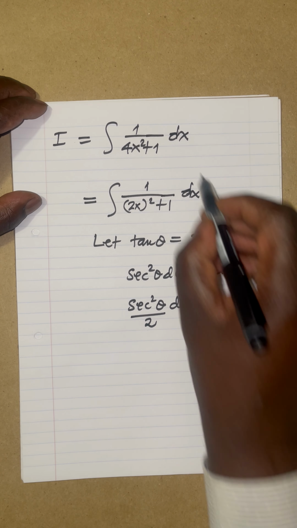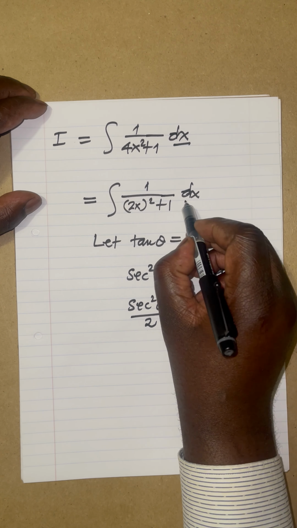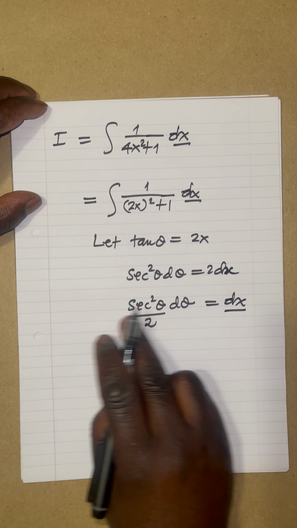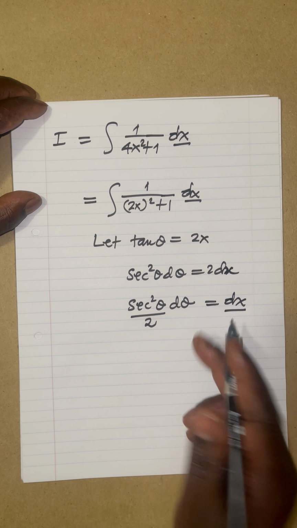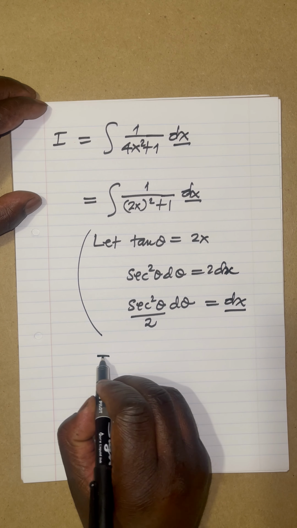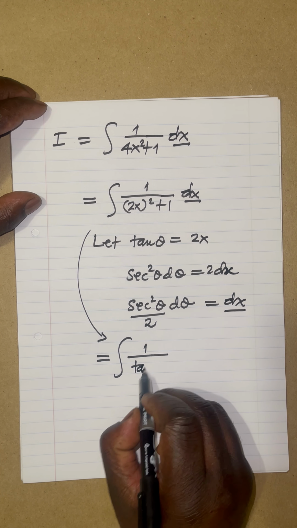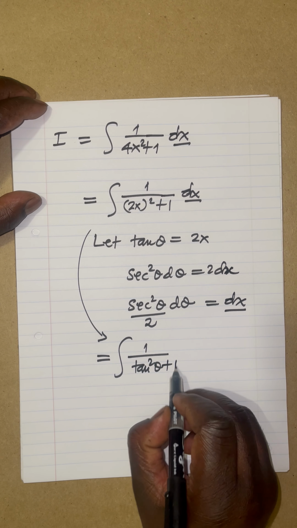Why is this important? Because that's what we have there or here. I'm just going to have 1 over tan squared plus 1, and then sec squared theta over 2 d theta. So that integral changes to the integral of 1 over tan squared theta plus 1.